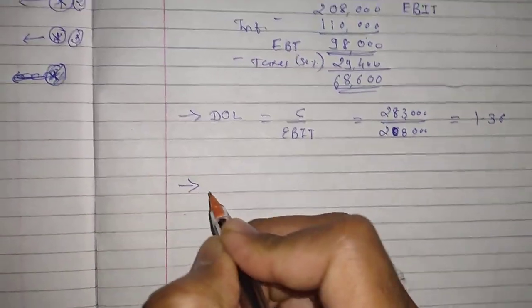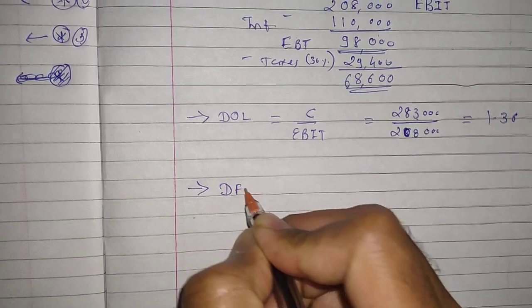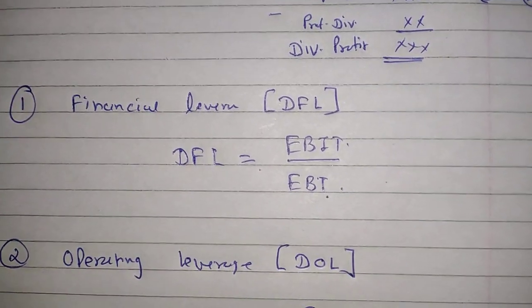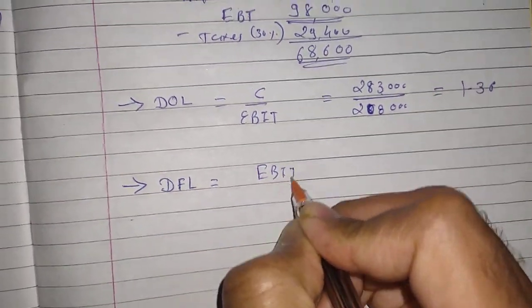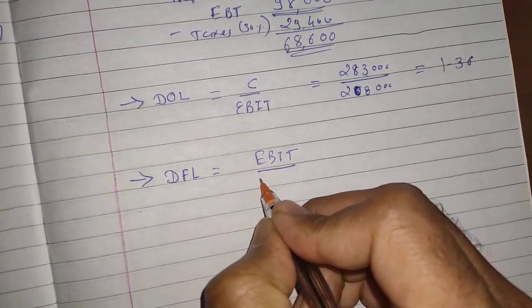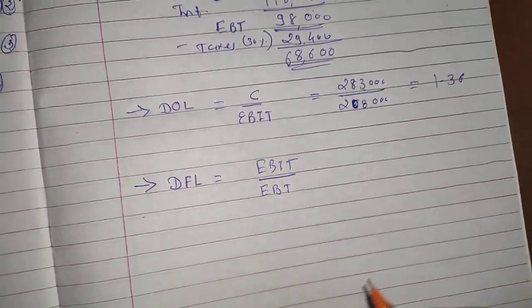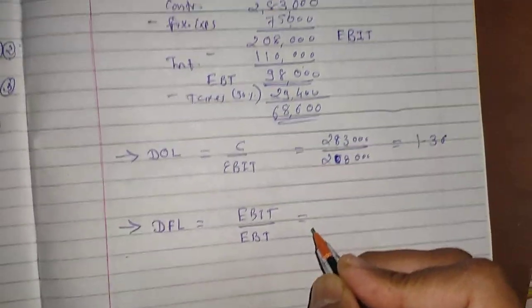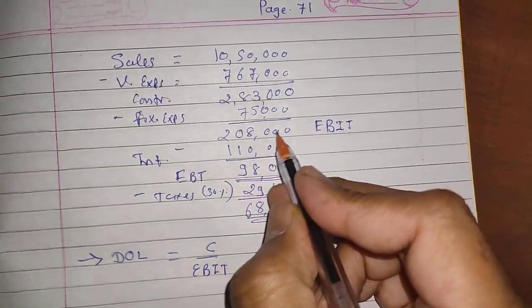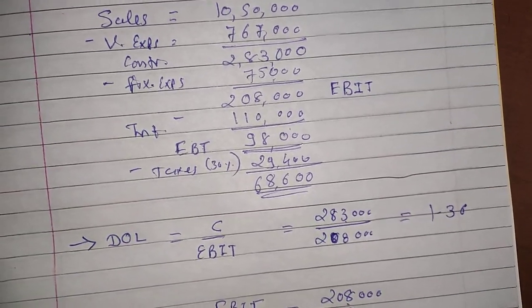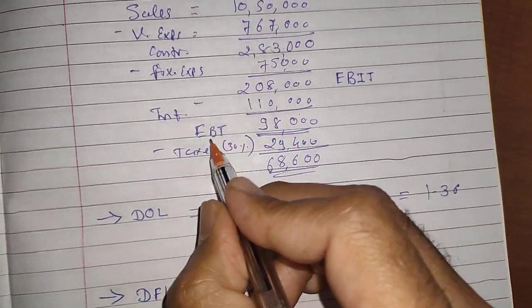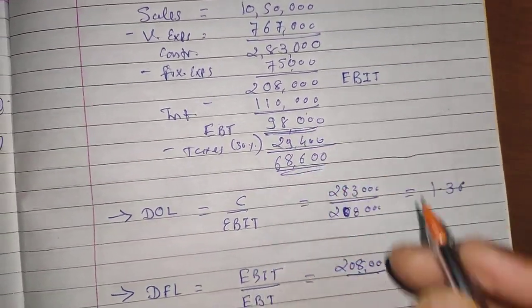Second thing which we need to calculate is degree of financial leverage, DFL. As you can see, DFL is equal to EBIT divided by EBT, that is earning before taxes. In the sum, EBIT, as you can see, is 208,000, and if we divide it by EBT, EBT is 98,000.